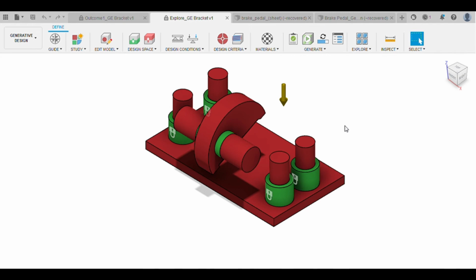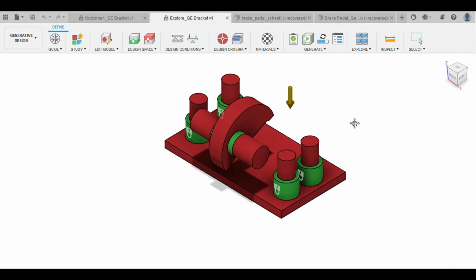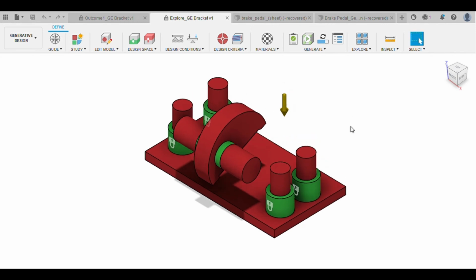In an aircraft a lot of components have to be supported. So the bracket is helpful in supporting these two different components and attaching other components as well. So this is an engine bracket, and this is the normal traditional design that is being input into the generative design.